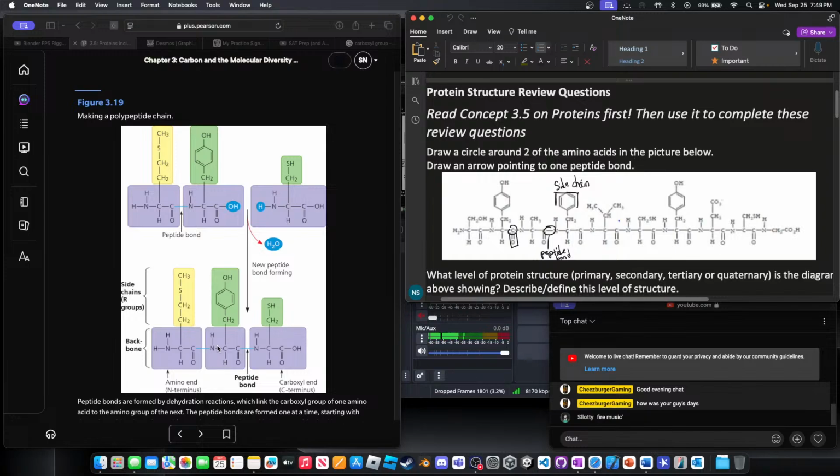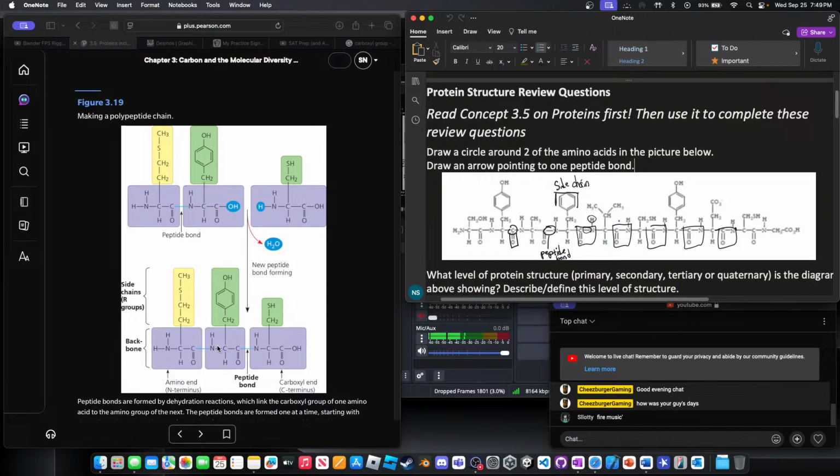So we have another carboxyl group here with an H right here, bonded to what exactly? Wait, yeah, I think there's another peptide bond right here. This might be another one. It's another carboxyl group. There's so many carboxyl groups actually. There's plenty. So all my carboxyl groups right there, I think.